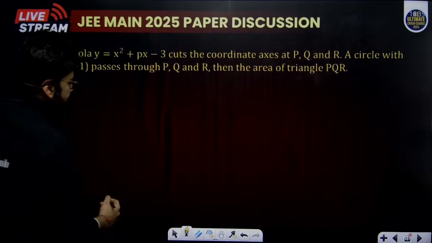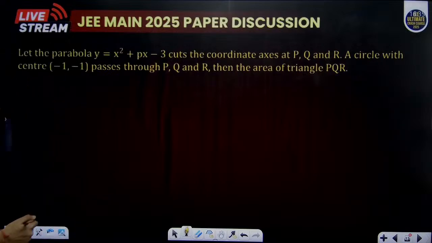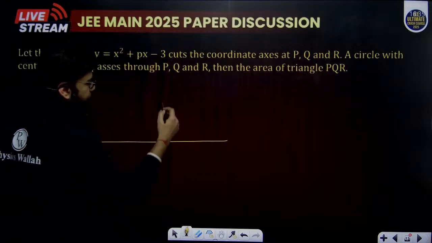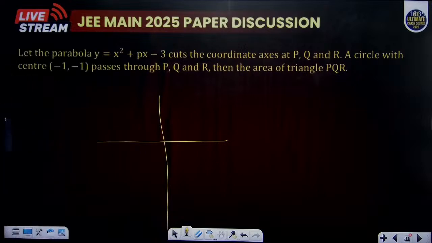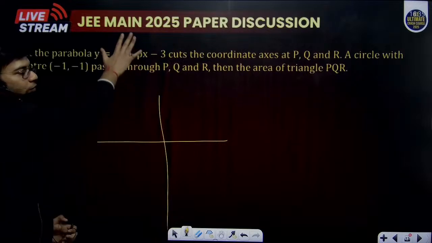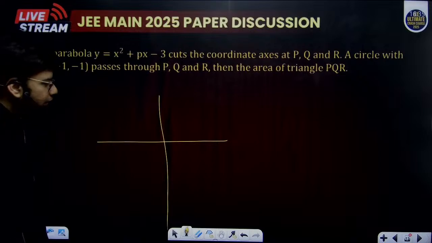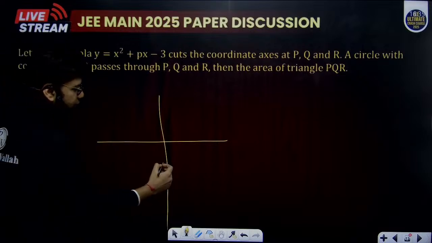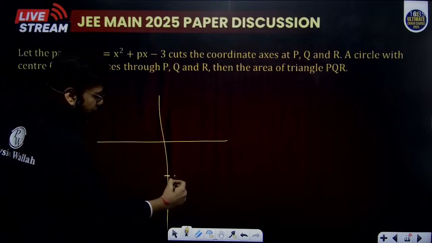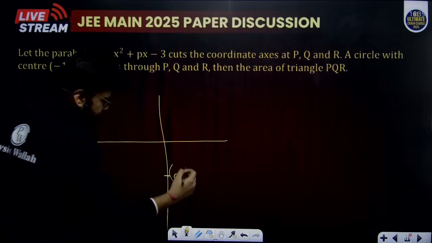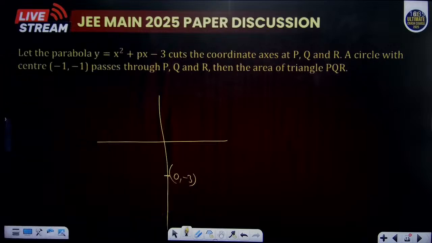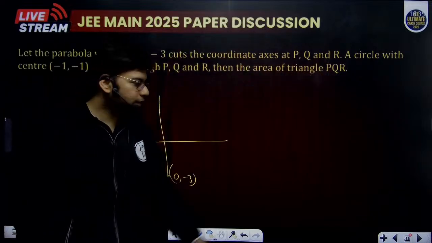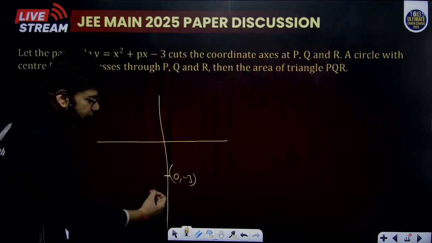So first I'll just draw a random parabola. If I put x as 0, I'm getting y as -3. So definitely this parabola is passing through (0, -3). Now, also I know one thing, that it is given that it cuts the coordinate axes at P, Q and R. Now, this is one point.